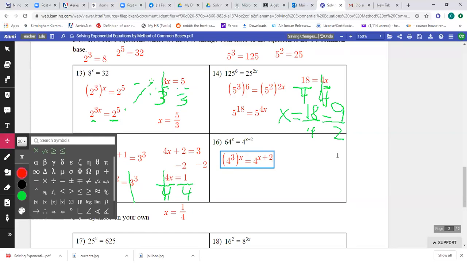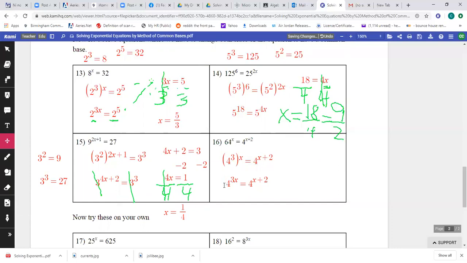Okay, and then now obviously before we set the two things equal to each other, make sure you distribute any powers that you have. So this will become 4 to the 3x is equal to 4 to the x plus 2.